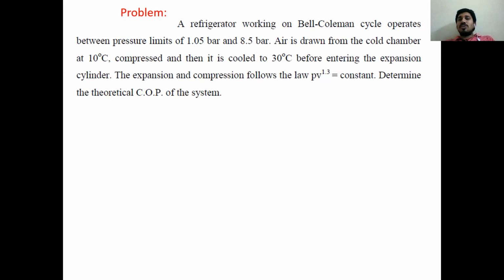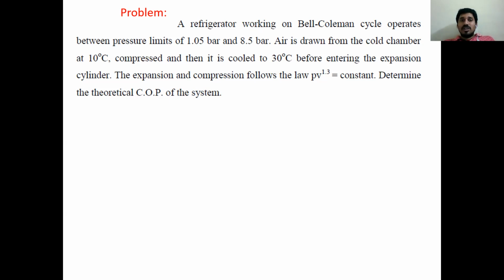Air is drawn from the cold chamber at 10 degrees Celsius. Cold chamber means the low temperature heat exchanger from which air is drawn to the compressor at 10 degrees Celsius and compressed, and then it is cooled to 30 degrees Celsius before entering the expansion cylinder. Read it again.